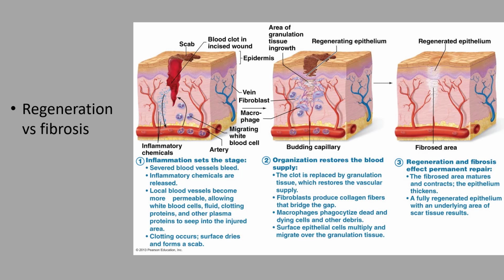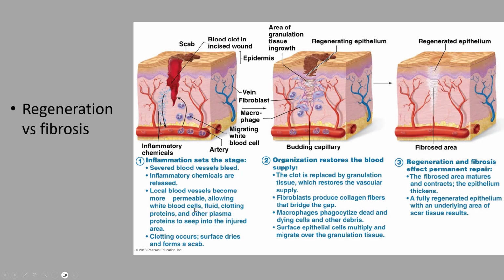So when we get this blood clot and scab in place, the blood vessels in the area, the small blood vessels, they become very permeable, meaning leaky.